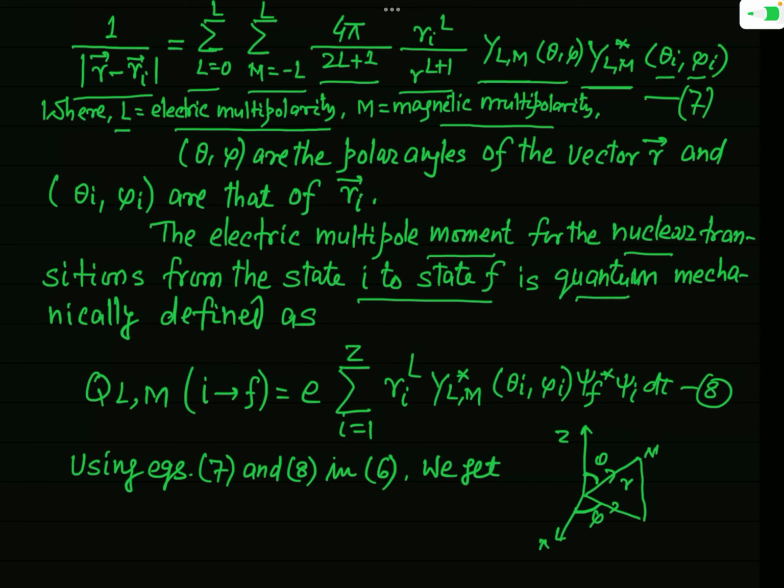Actually, the quantum mechanical expression for the multipole moment of a nuclear transition from initial state I to F is given like this. All these expressions you must remember, because we are writing them here directly. This is just a compulsion, because these are actually a vast concept which we study separately in other topics of quantum mechanics. So definitely you have to remember it.